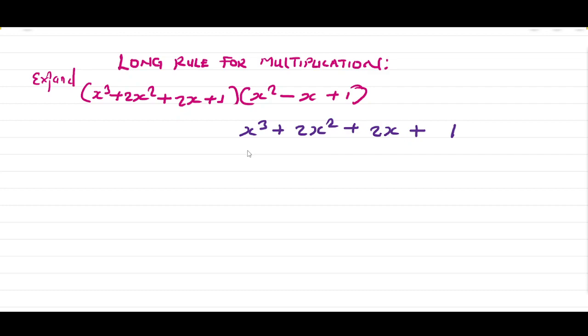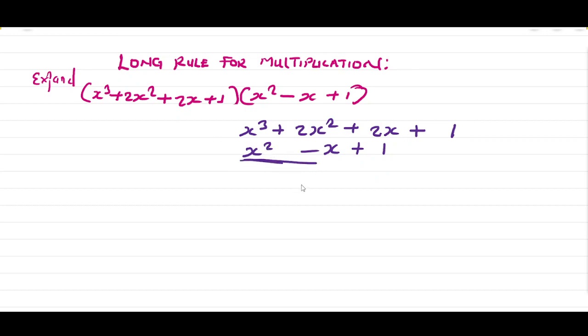x squared minus x plus 1. This is how you arrange them. Don't put the x squared under this x squared, just arrange it this way. Then the correct approach is to rule a line here.